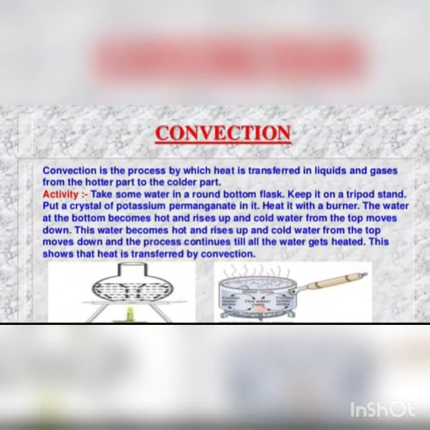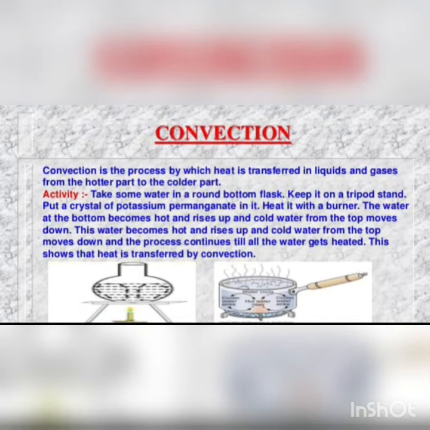Now, the next mode of heat transfer is convection. Convection is the process by which heat is transferred in liquids and gases from the hotter part to the colder part. For the activity, we take some water in a round bottom flask, keep it on a tripod stand, put a crystal of potassium permanganate in it, and heat it with a burner.